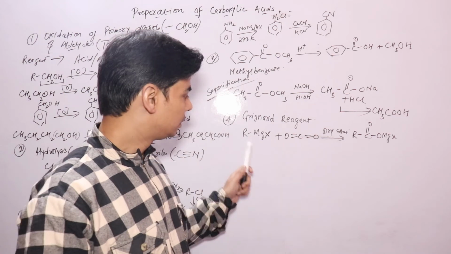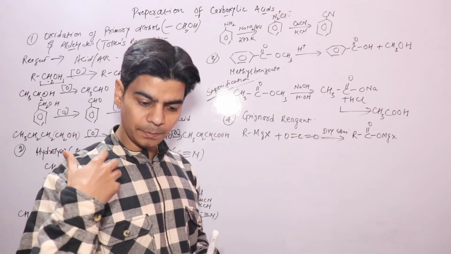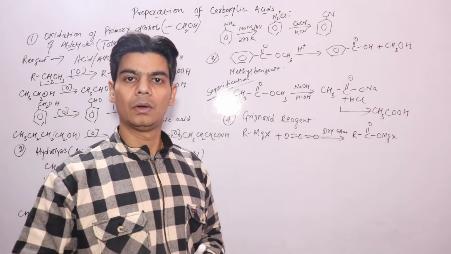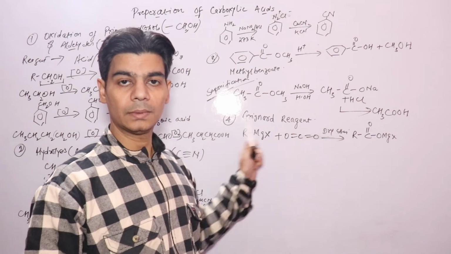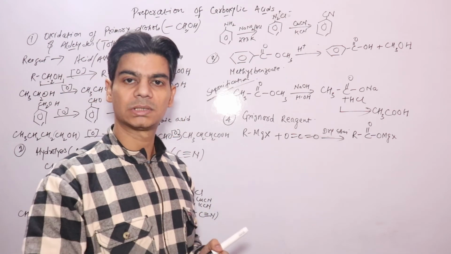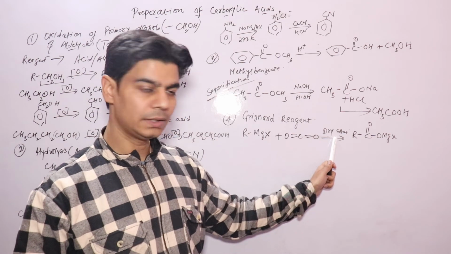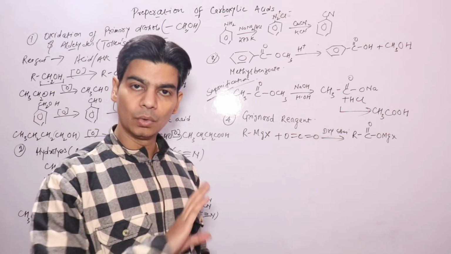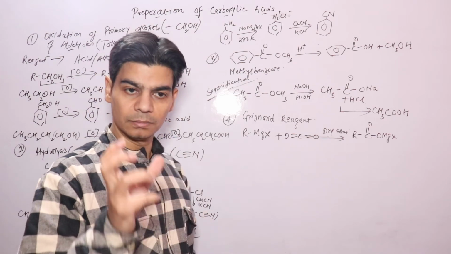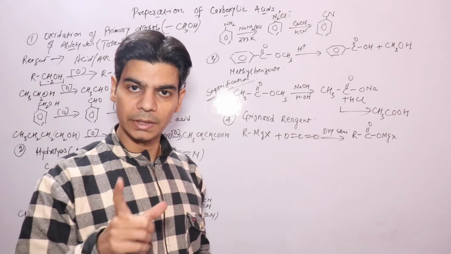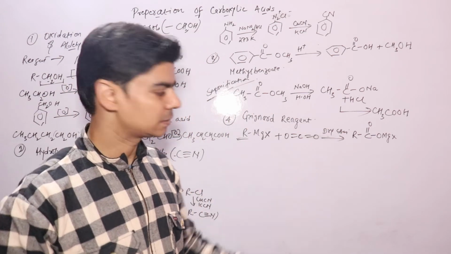The reason is, if Grignard reagent gets any proton source like water or alcohol, it will immediately change into alkanes. So a side reaction will start. To prevent that, you maintain dry conditions. We take dry ether. There should be no traces of water or moisture, because that contains protons, and protons will immediately react with Grignard reagent to form alkanes.